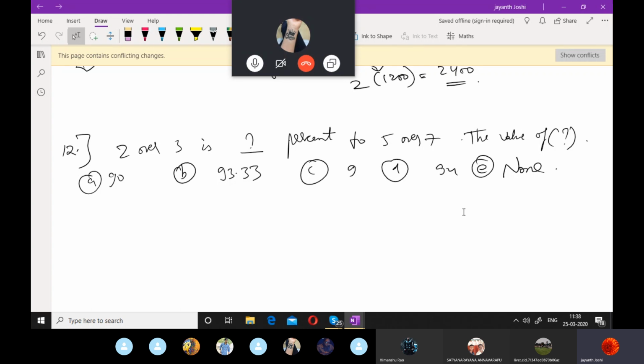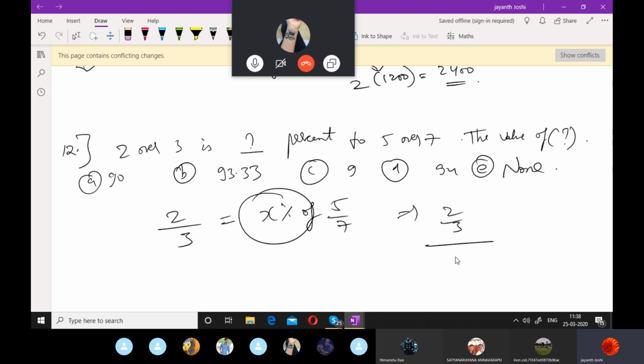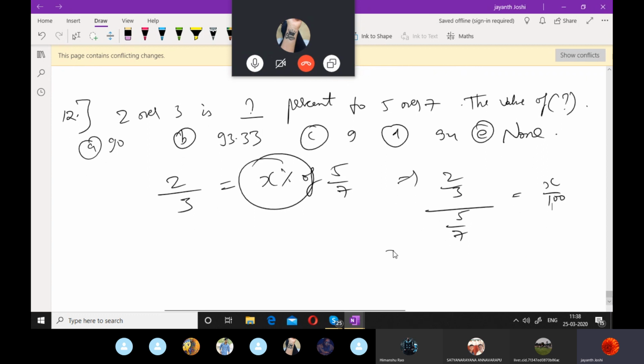Question number 12. So 2/3 is x% of 5/7. That is how much percent of 5/7. So 2/3 divided by 5/7 is equal to x by 100. So now 2/3 by 5/7 into 100 is equal to x.